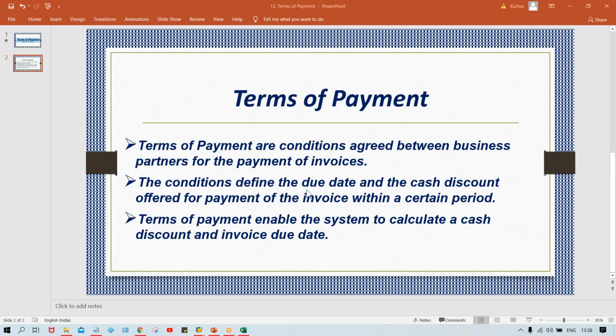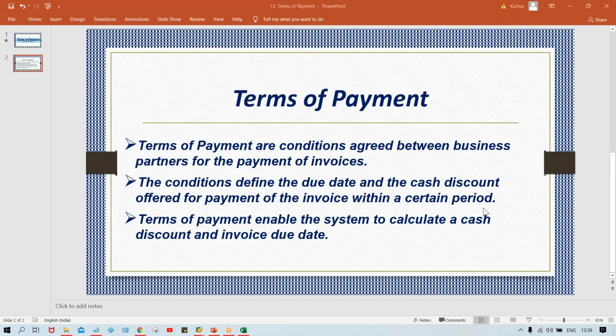The conditions define the due date and the cash discounts offered for payment of invoices within a certain period. Of course, as I told you, the due date is calculated by terms of payment automatically, even if the vendor is offering discounts. Like the vendor says, okay, terms of payment is 30 days, agreed, but if you make payment in 15 days itself, we will give you a 5% discount.